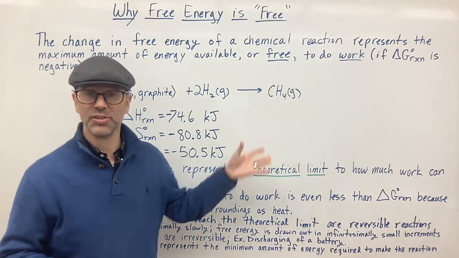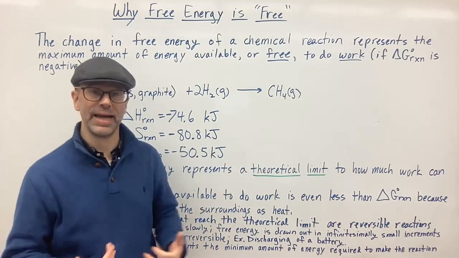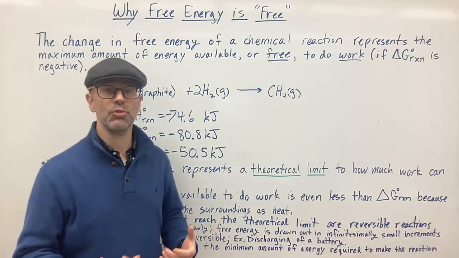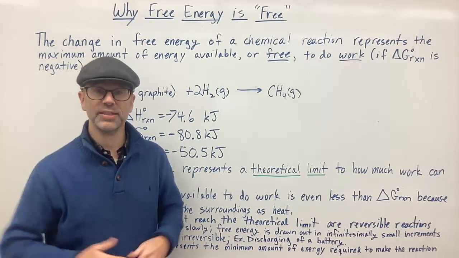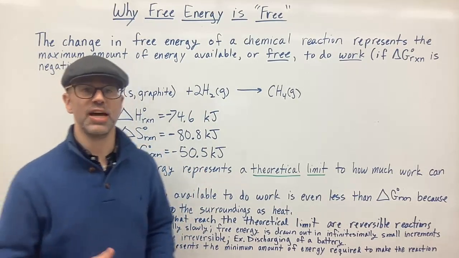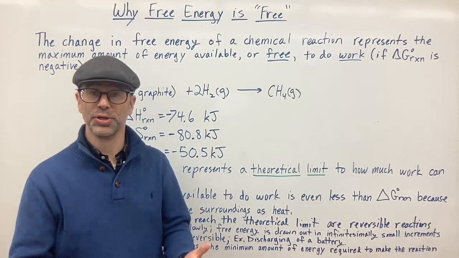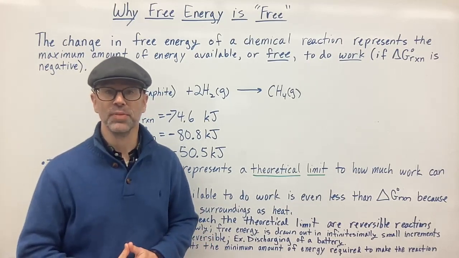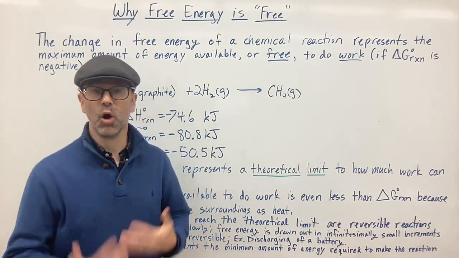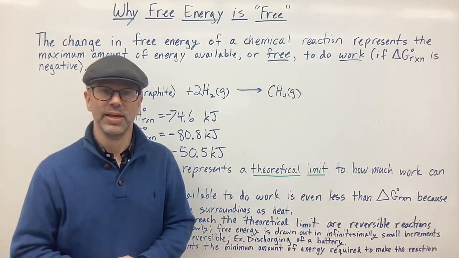Some of that energy is lost in the form of heat, and you can't get that back. So even if you recharge the battery, it's going to take more energy to recharge it than what was produced by the battery to run the motor. So we're always going to lose energy in the process.